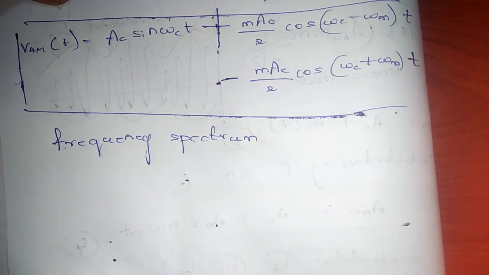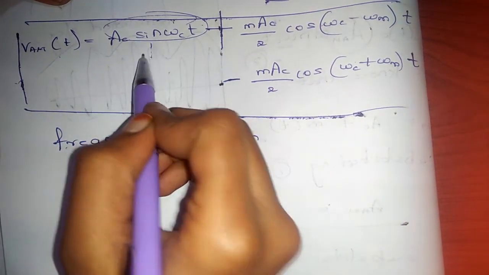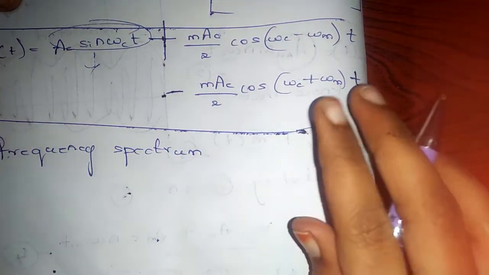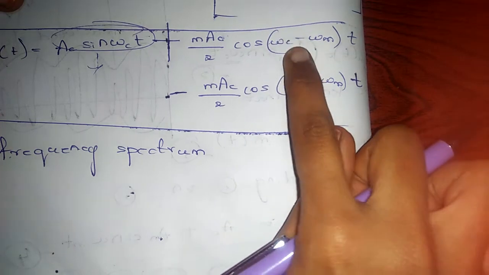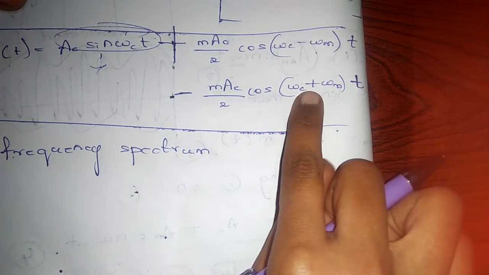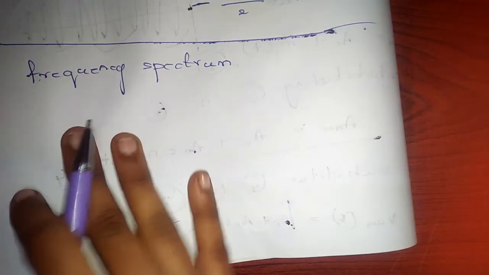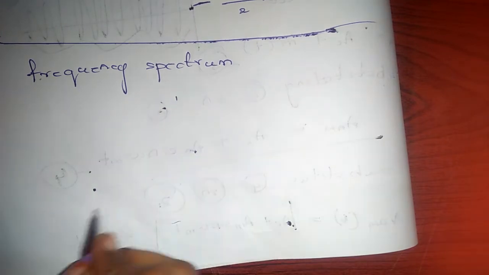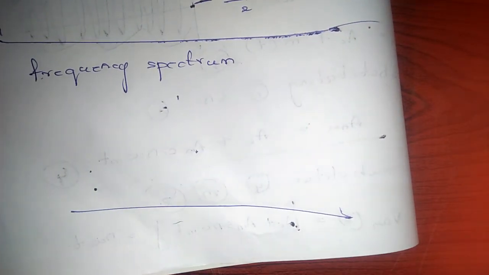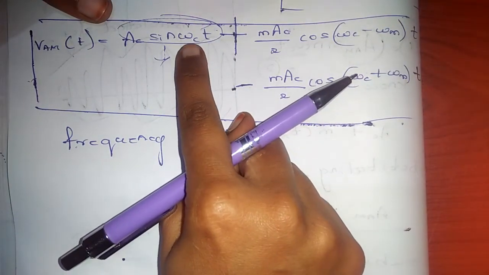So here we are having 3 total. This is the carrier signal and having 2, lower and upper sidebands. So this is the lower sideband and this is the upper sideband. So how can we draw? If you take the frequency spectrum, we are having 3 frequencies here, right?